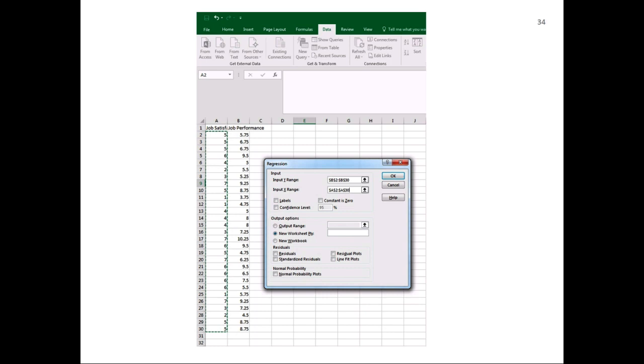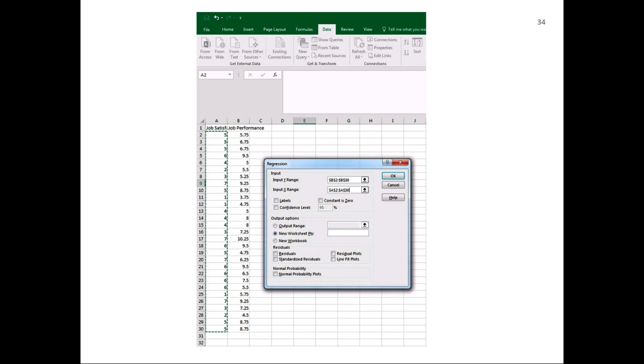You should get this window right here. And this is also extremely important. If you did not include those labels when you highlighted your data, just go ahead and push OK. But if you did include the labels when you were highlighting your data, make sure you click on the Labels button in this window, right beside the word Labels.